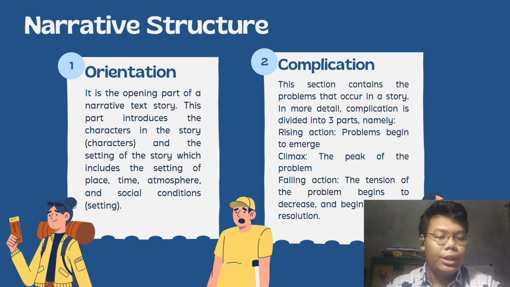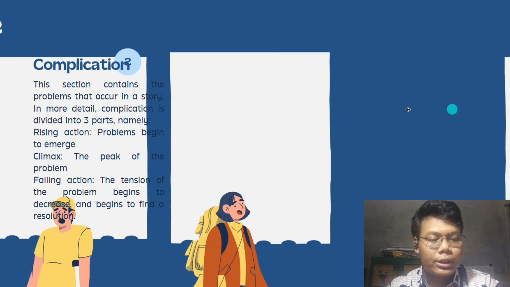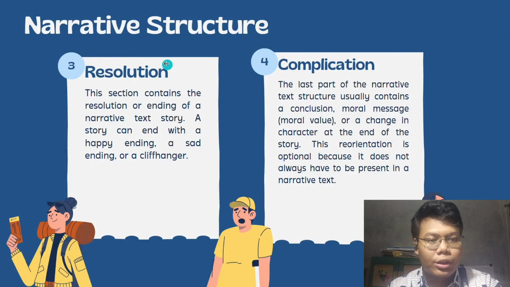Problems that begin to emerge are in this part of complication. And then climax, the peak of the problem. Then the third part is falling action. The tension of the problem begins to decrease and begins to find resolution.